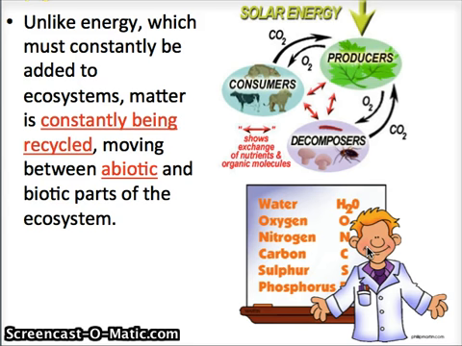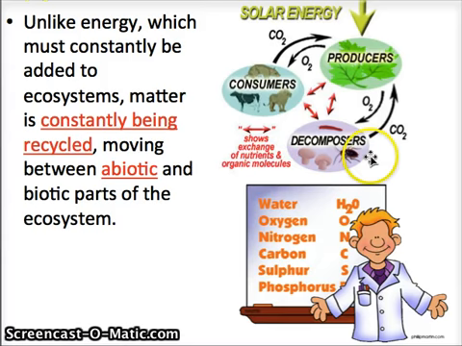Now, matter is a little different from energy because it doesn't really get lost. So we talked about energy being used up and escaping into the atmosphere. But with matter, that doesn't necessarily happen. What happens with matter is that it gets recycled, which is a little different from being used up.